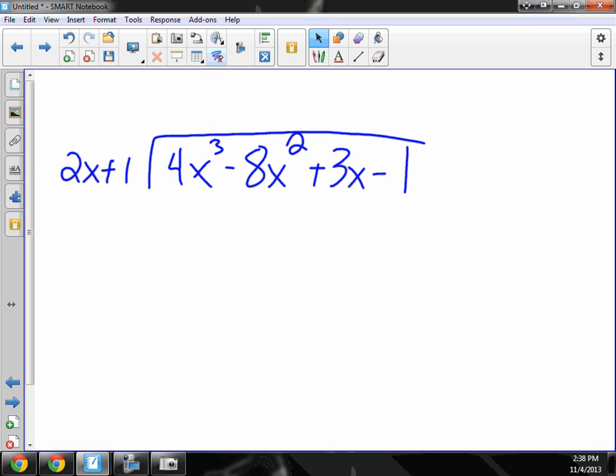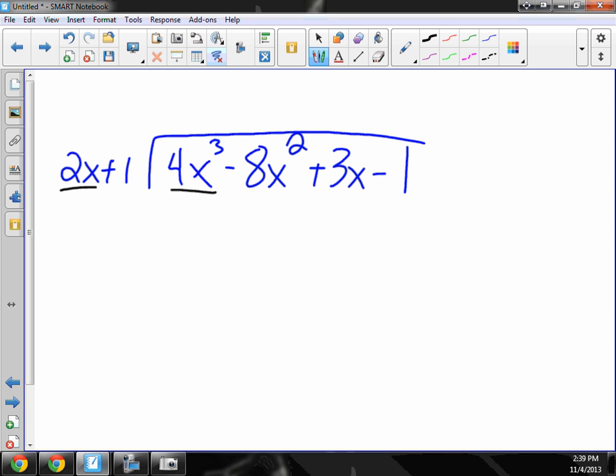Okay. How many times does 2x go into 4x to the third? 2x squared. Does everybody see why it's 2x squared? You just divide them. What is 4 divided by 2? 2. What's x to the third over x?